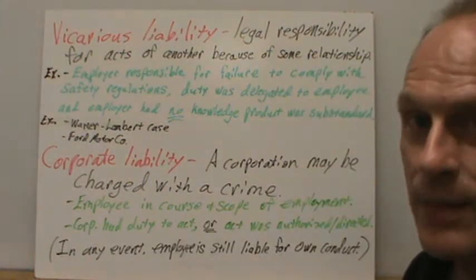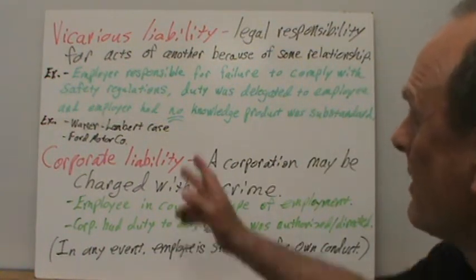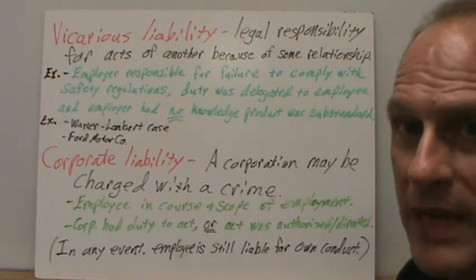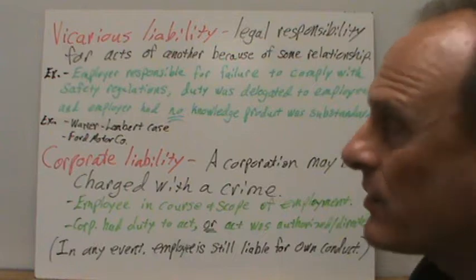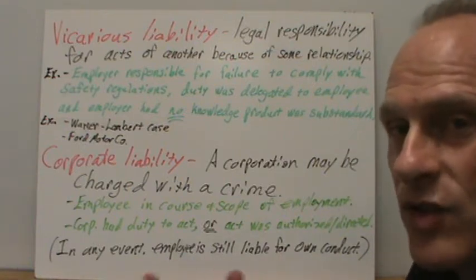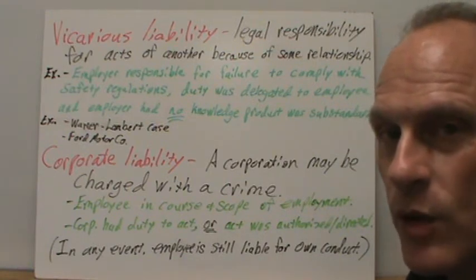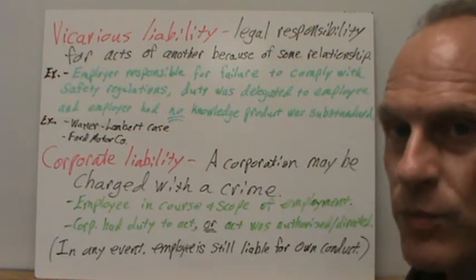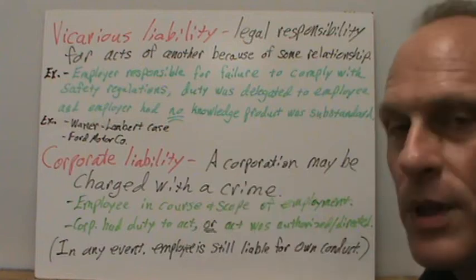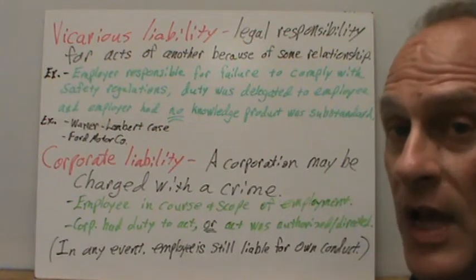A couple other concepts here dealing with mens rea. Vicarious liability, that's being criminally, legally responsible for the acts of another because you have some sort of relationship between those two people. An example would be an employer that's responsible for failure to comply with safety regulations.